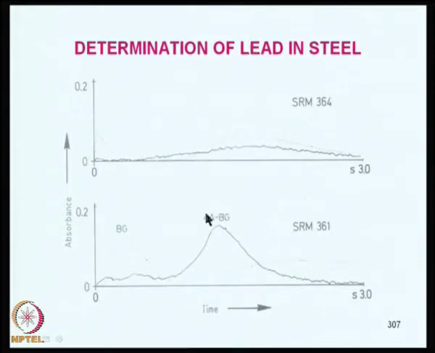If you treat without background correction, you have a signal like this, and the background is at the top. That means background absorption is much higher.